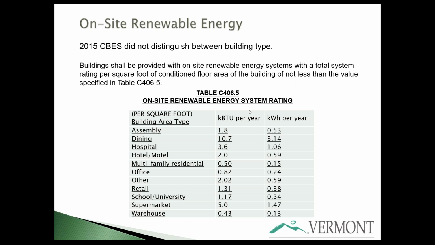You can choose to use the column for kBTUs per year or kilowatt hours per year. But this is the amount per square foot you would have to provide to get the points for on-site renewable energy, depending on your building type.